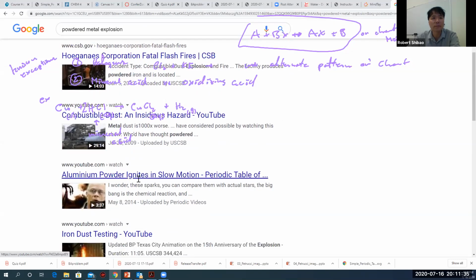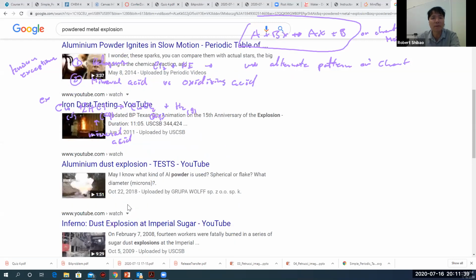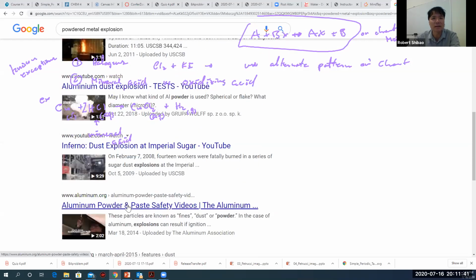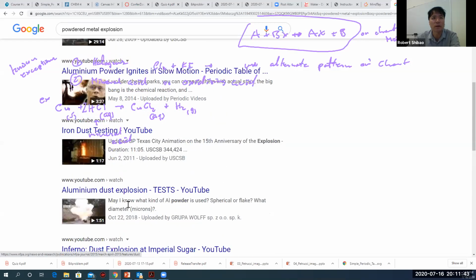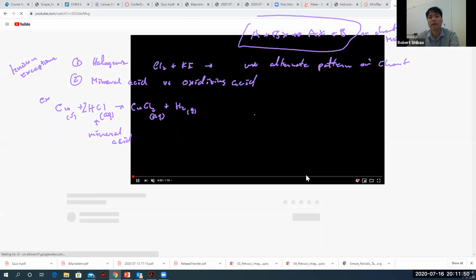Let's use aluminum here, or iron. Copper is going to burn less intensely than aluminum. Aluminum should burn quite nicely.